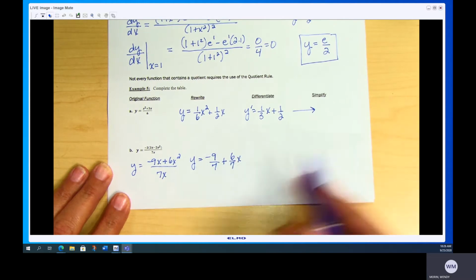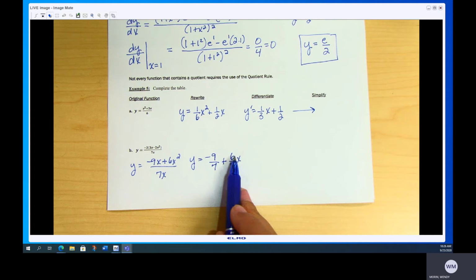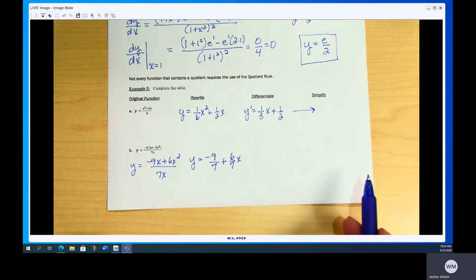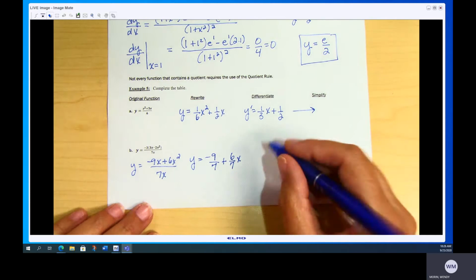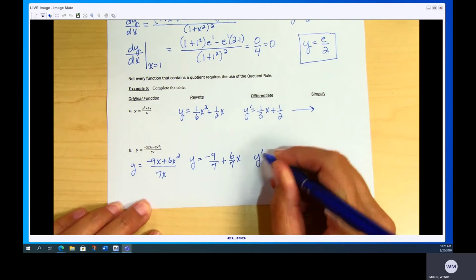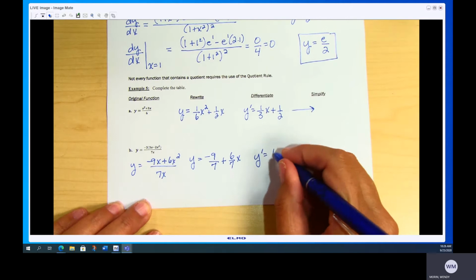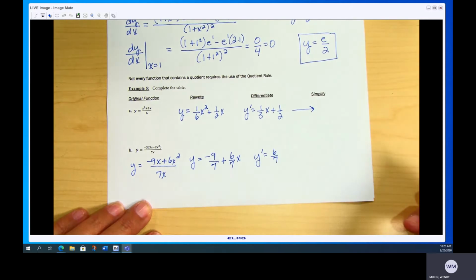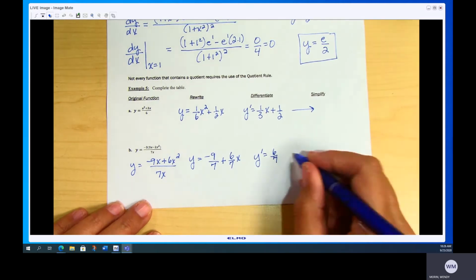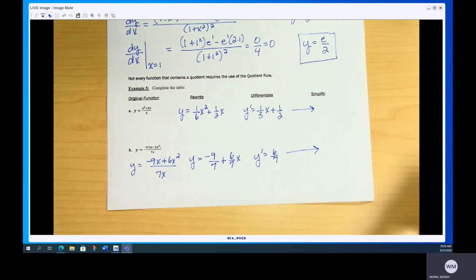And again, my preference is to write it on the side instead of writing it on the top. It's just personal preference. Now take the derivative. The derivative of a constant is 0, and the derivative of x is 1, and that's times 6/7. Again, so that's your simplified answer.